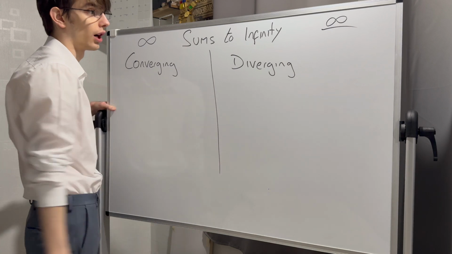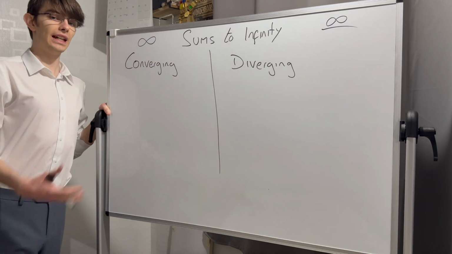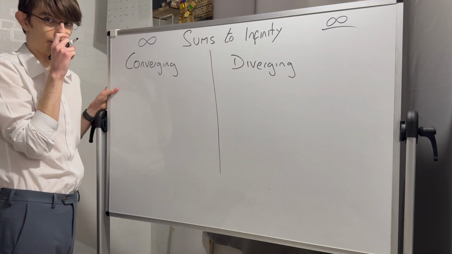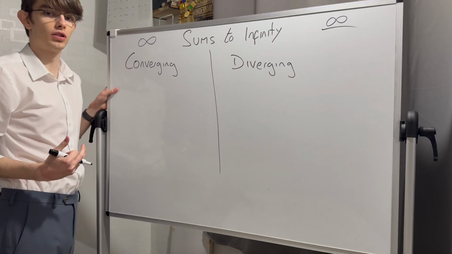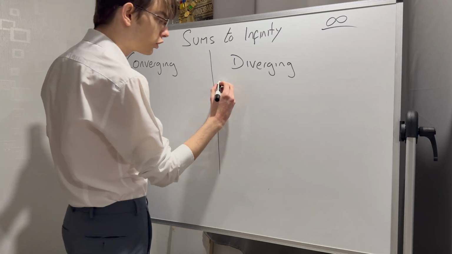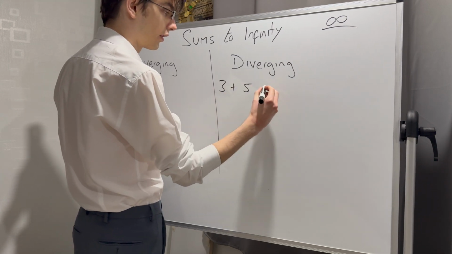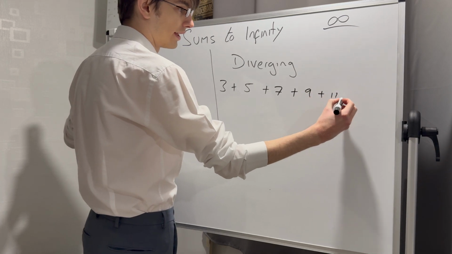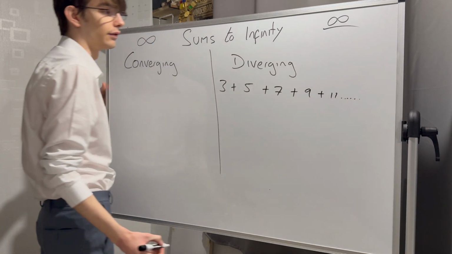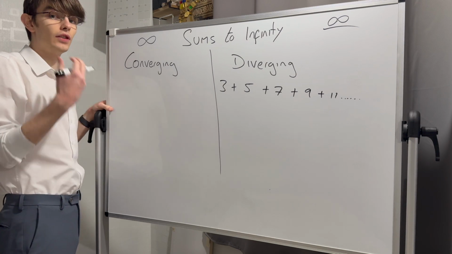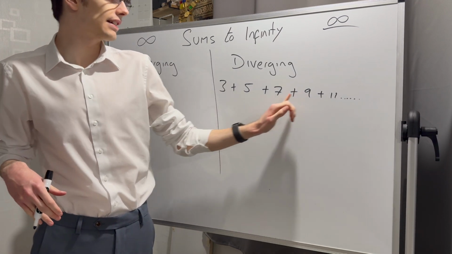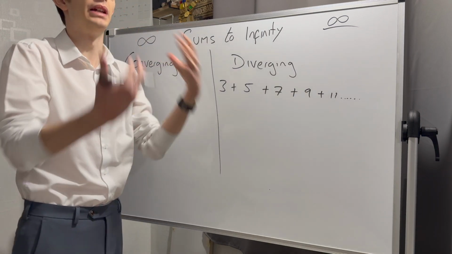So, if a sequence or a function is diverging, we'll start with, it's more or less what we just looked at. A diverging sequence would be something like 3 plus 5 plus 7 plus 9 plus 11 adding together infinitely. This is diverging because no matter what, as we keep adding numbers together, our number will get bigger.